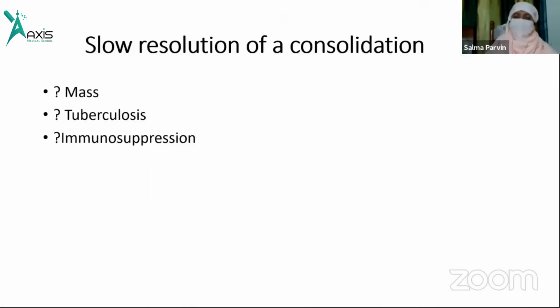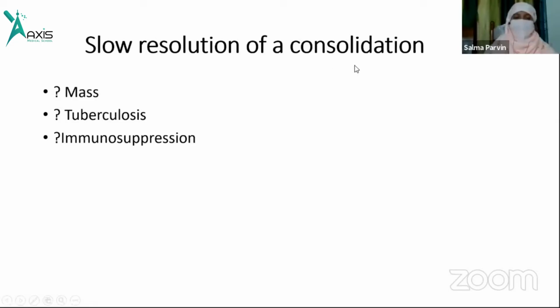And the mass, yes, will give you a fair judgment of a mitotic lesion, but what about a consolidation that is having slow resolution? Whenever there is a whitish shadow in the lung, we usually think, oh, this is a consolidation. Yes, this may be a consolidation, but sometimes it is not a simple consolidation as we are thinking.